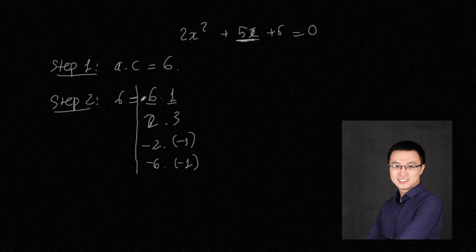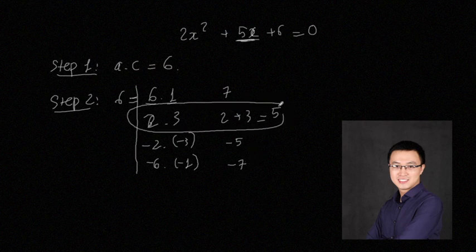For example, the first one is 6 times 1, the sum of them is 7. The second one, 2 plus 3, equals 5. The third one gives minus 5, and the last one gives minus 7. Because in the second one 3 plus 2 equals 5, I choose to separate 5x into 2x plus 3x.